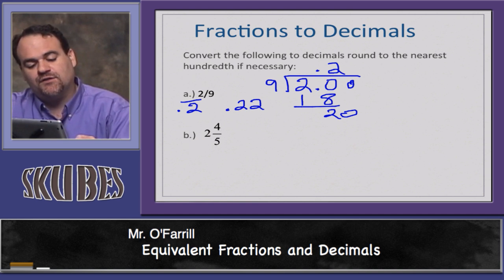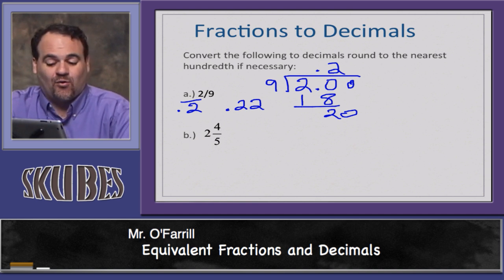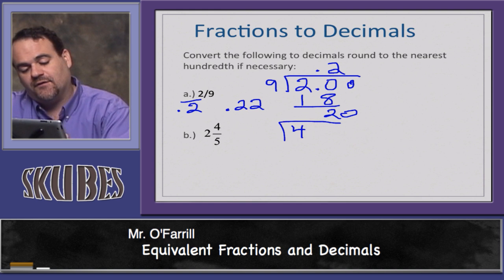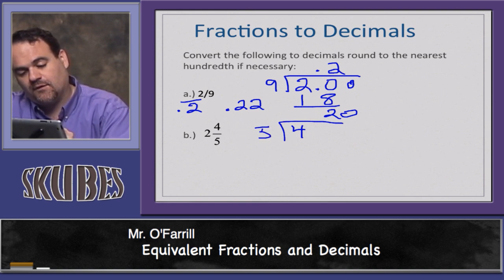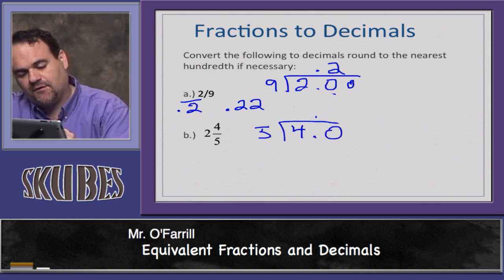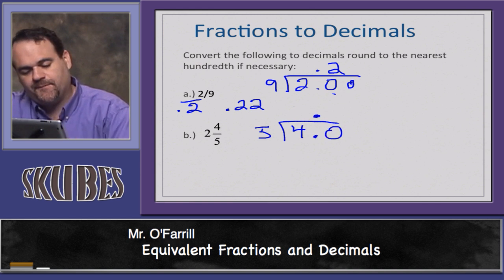We know it's going to be 2 point something. So we can just ignore the 2 for now. And we want to find out how many times the number 5 goes into 4, or 4 divided by 5. Well, let's get our decimal in place. 4.0.